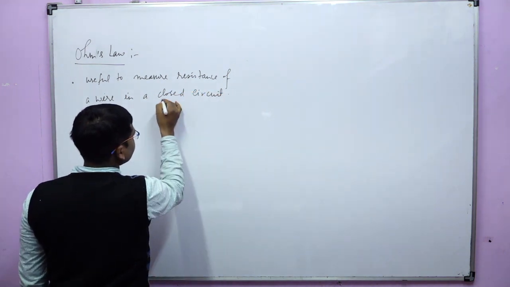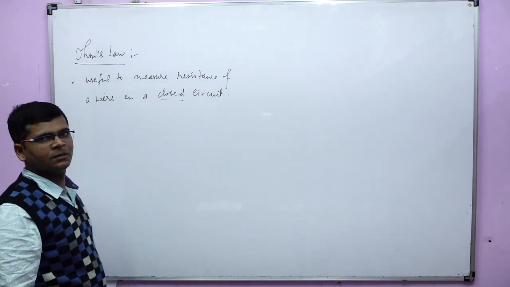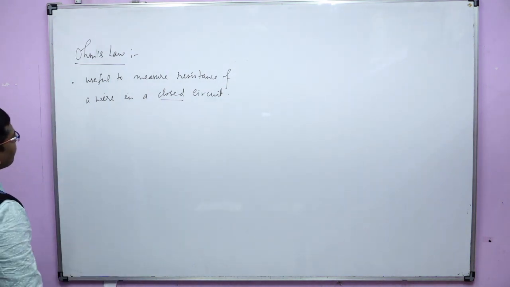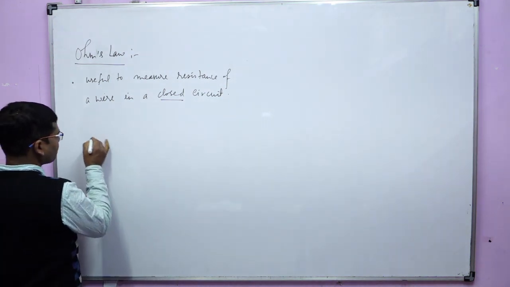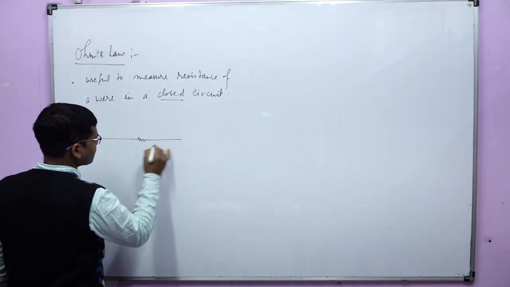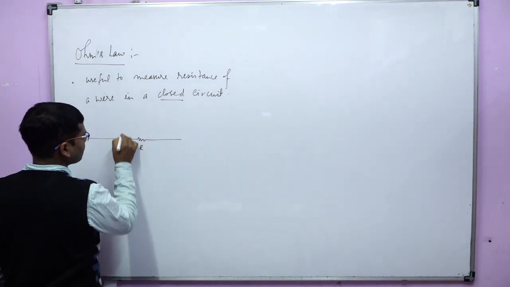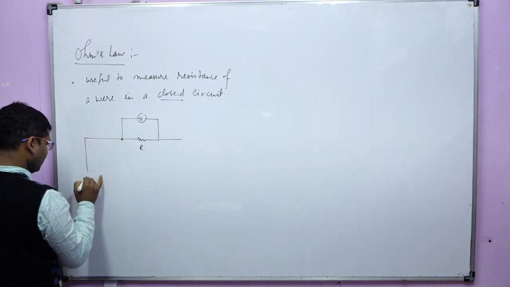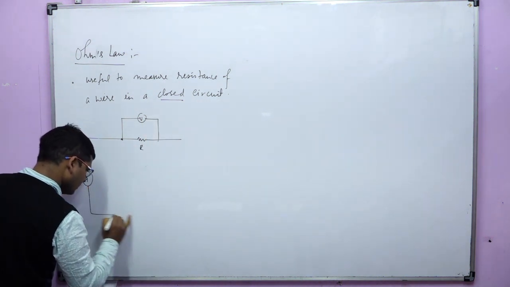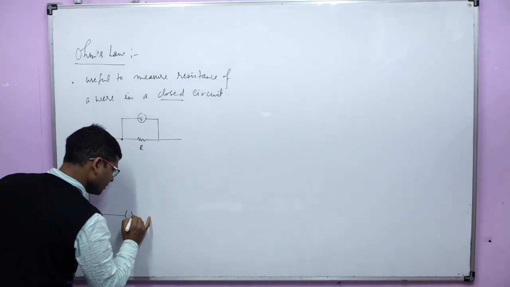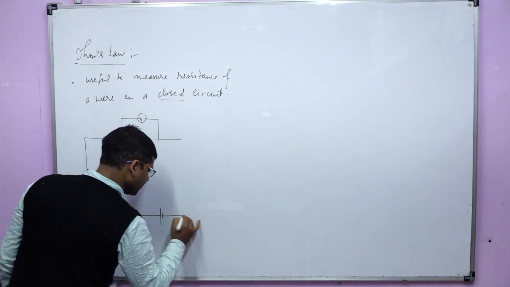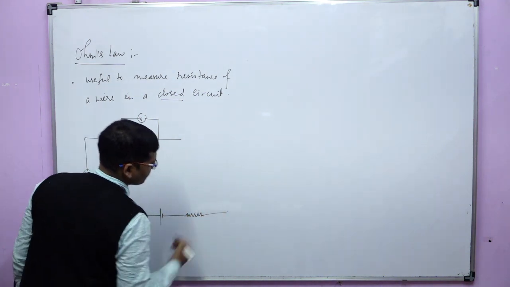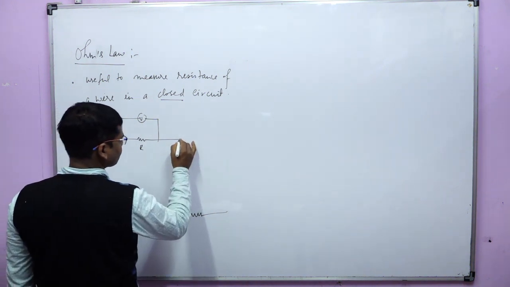Closed circuit means the switch is in on position. Okay. Suppose there is a resistor here R, voltmeter is connected, we have ammeter here, we have switch, source of current, and we have variable resistor.